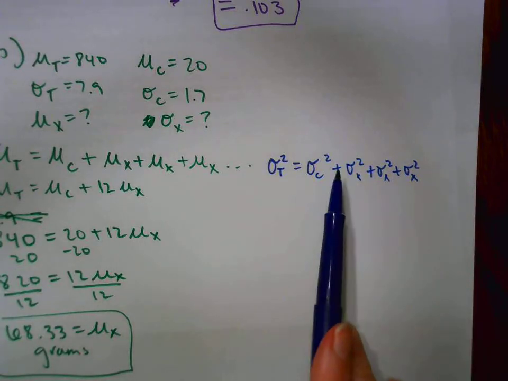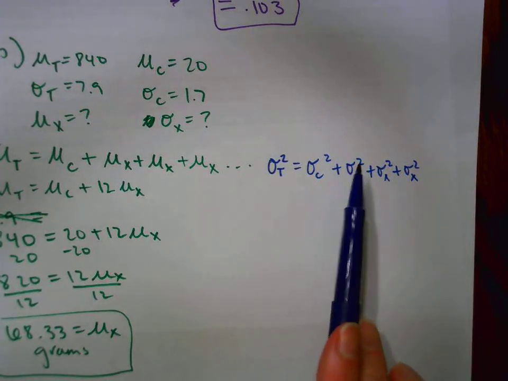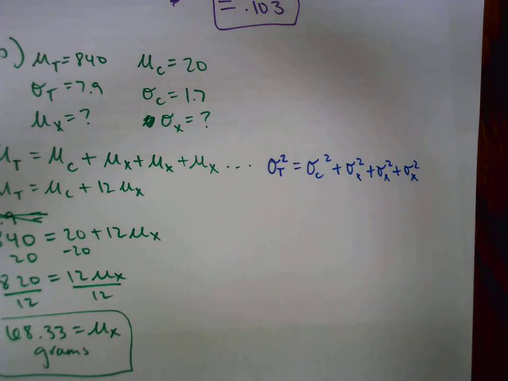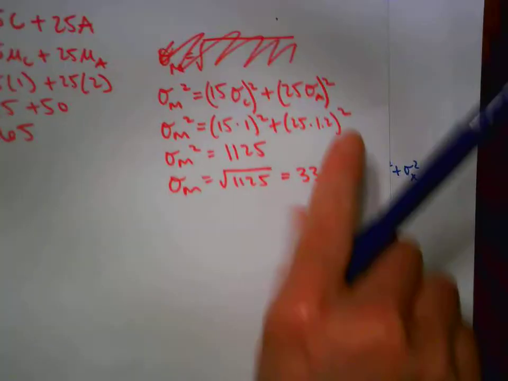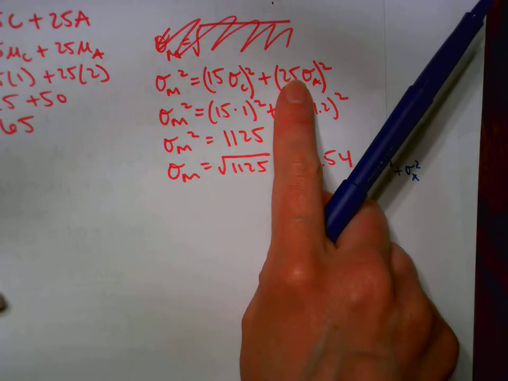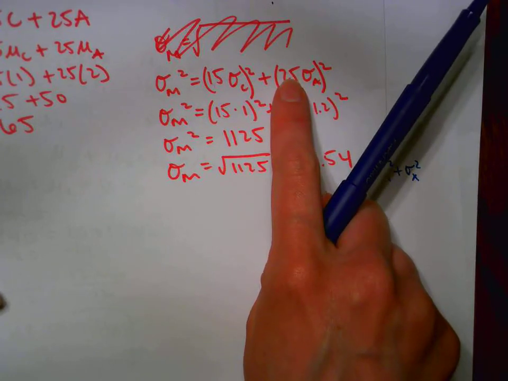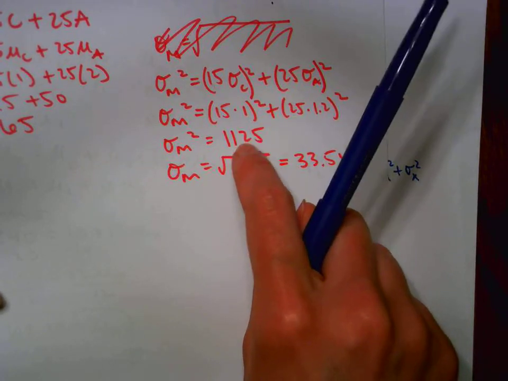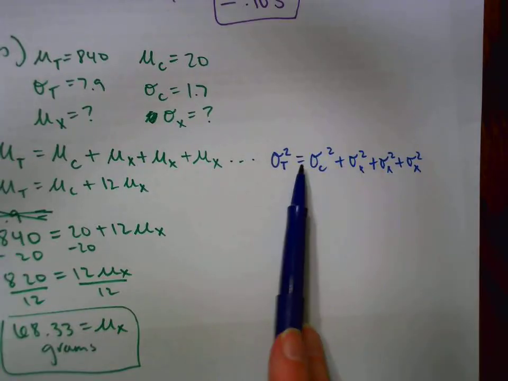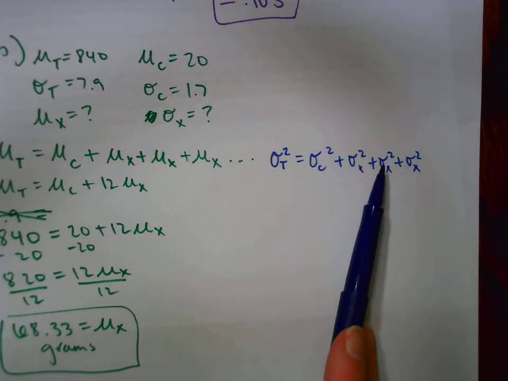So I want you to keep in mind that you are not multiplying by a constant. So remember, if you watched the other video, when we multiplied by a constant, you had to square that constant when you were doing your math. But here, you're just adding that variance up 12 times, so it's not the same.